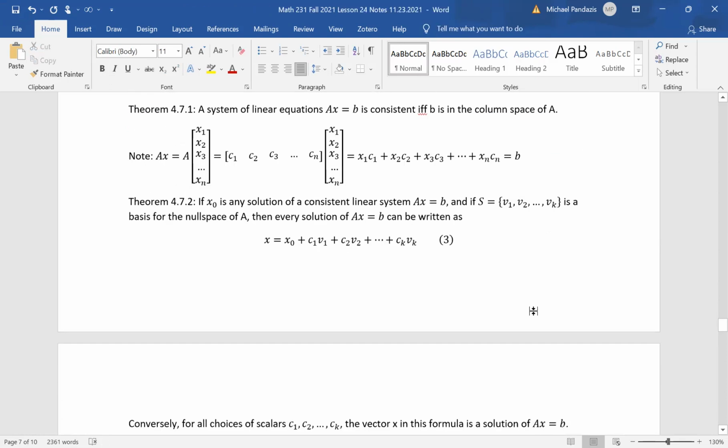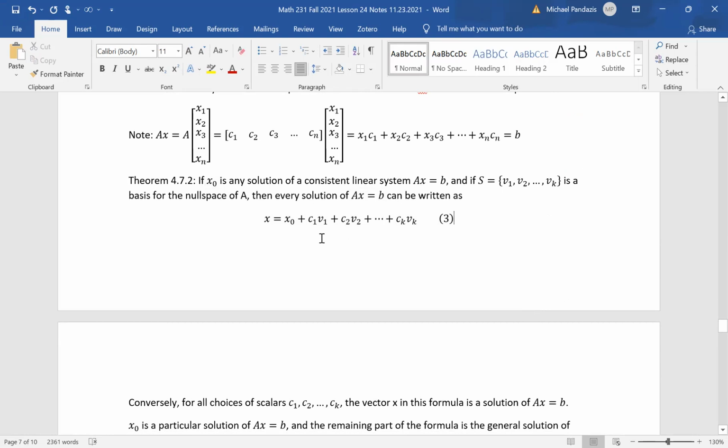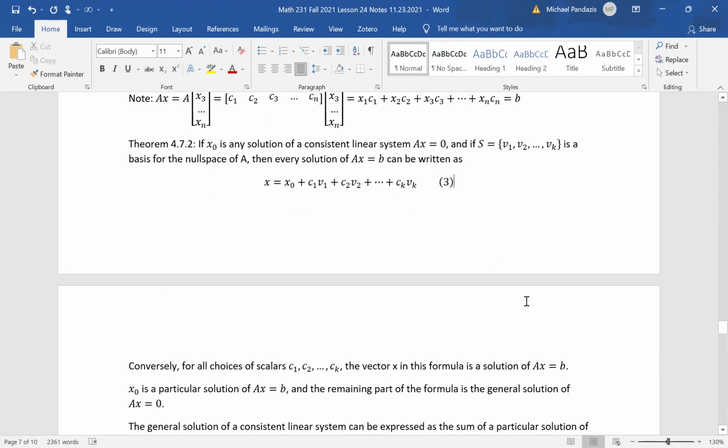Sorry, I mean that X naught is any solution of the consistent linear system AX equals B. Wait, no, sorry, so this is AX equals B. Never mind, that is AX equals B.